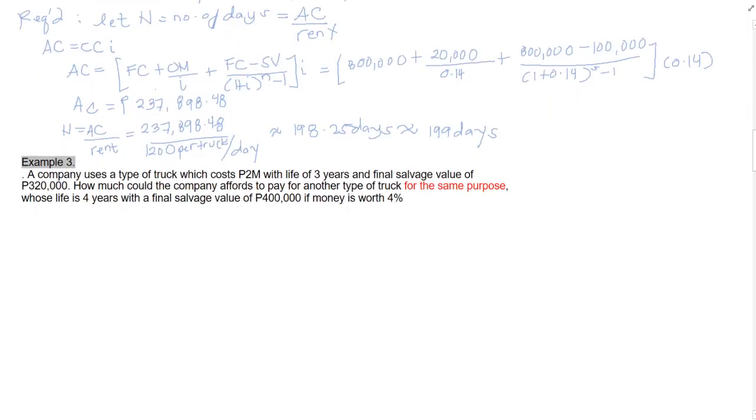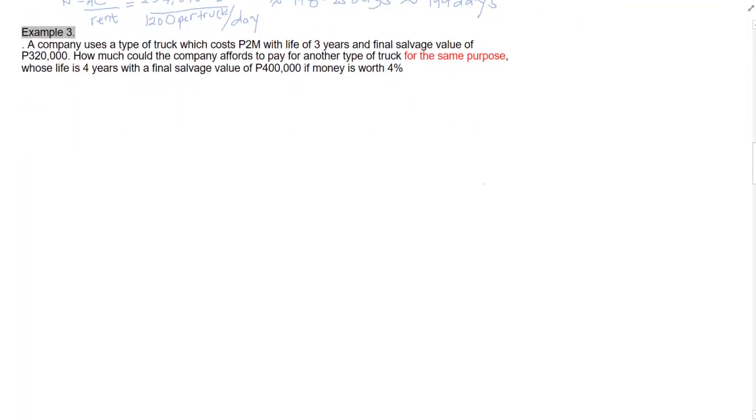Okay, for our last example for annual cost and capitalized cost, let's have here example number 3. A company uses a type of truck which costs 2 million with life of 3 years and final salvage value of 320,000. So we denote that one as your truck A. How much could the company afford to pay for another type of truck for the same purpose?